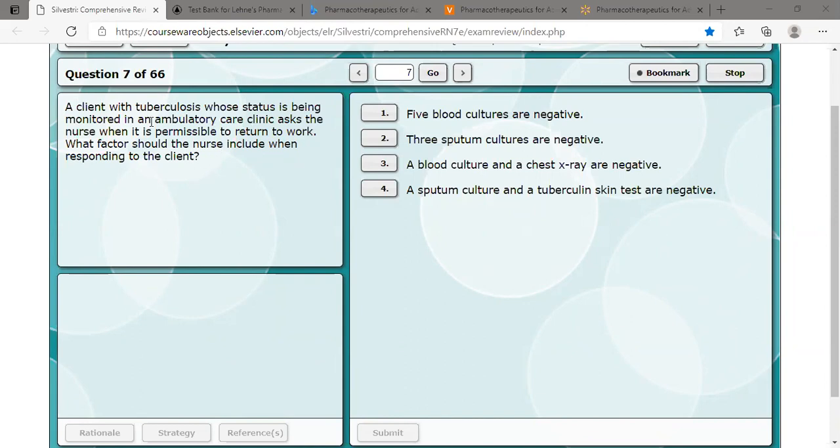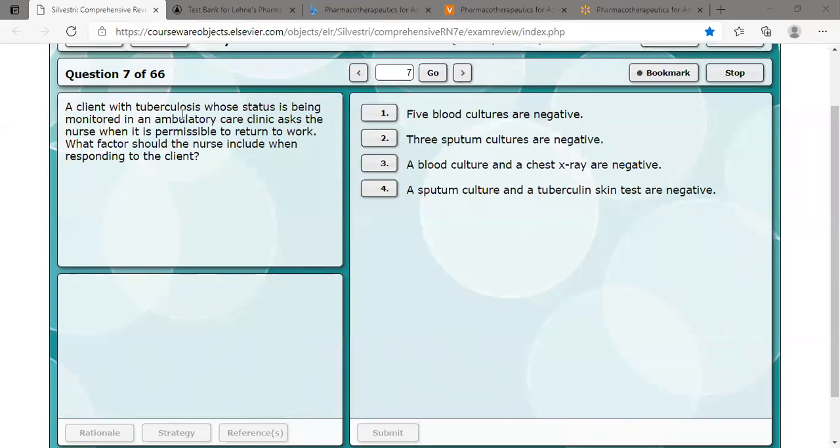So tuberculosis is basically caused by Mycobacterium TB. It is an acid-fast bacillus. And tuberculosis is spread by airborne or droplet nuclei.